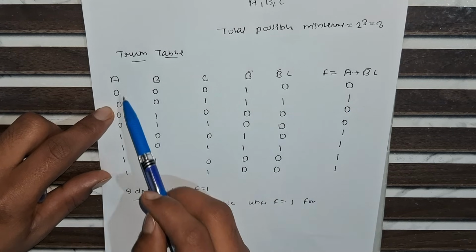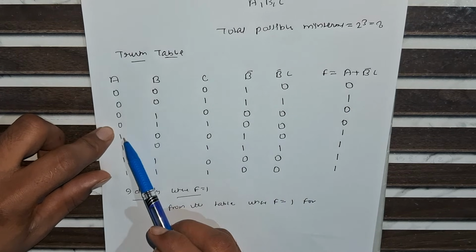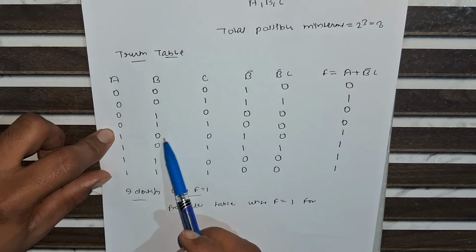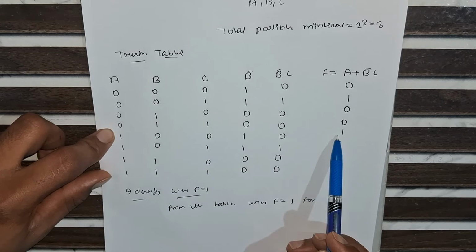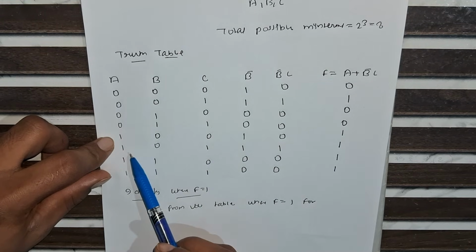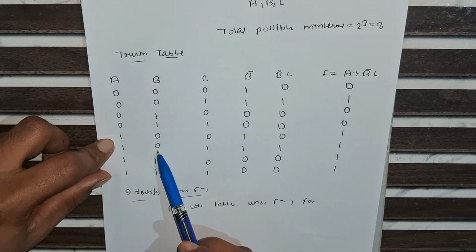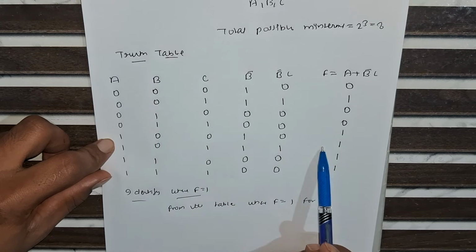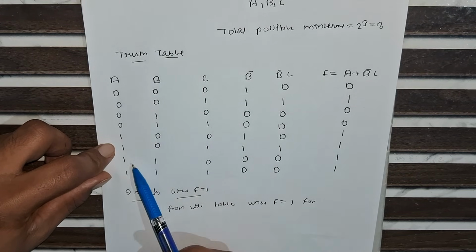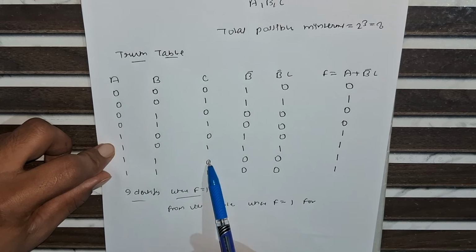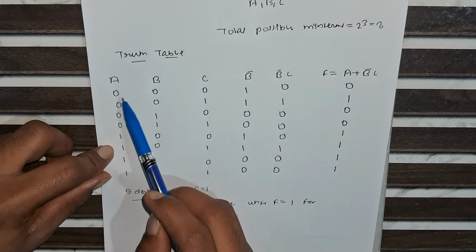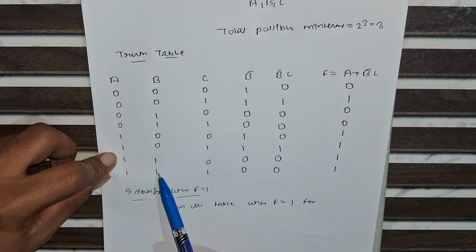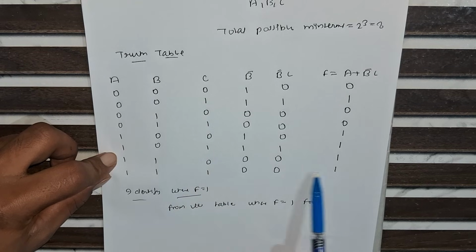Like that, if a equals 1, b equals 0, and c equals 0, then the function becomes 1. If a equals 1, b equals 0, c equals 1, then the function becomes 1. If a equals 1, b equals 1, and c equals 0, then the function becomes 1. If a equals 1, b equals 1, and c equals 1, then the function becomes 1.